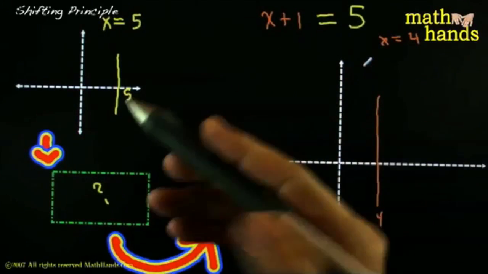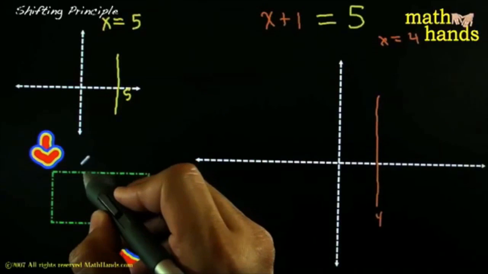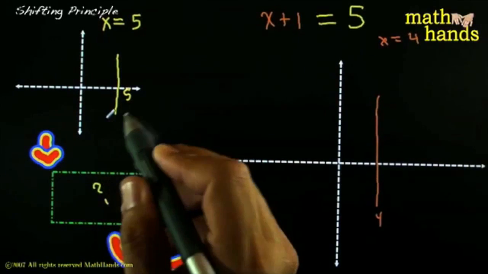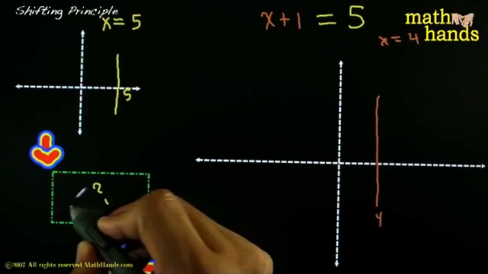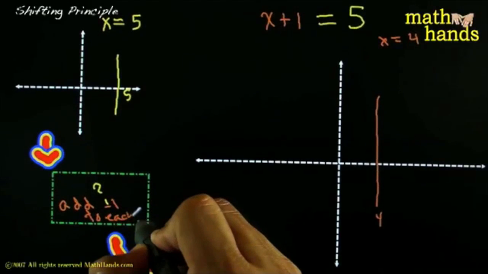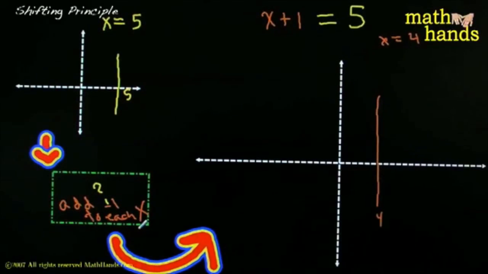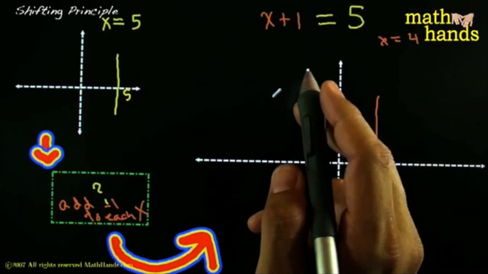Indeed, replacing x with x plus 1 shifts it left 1. So for every x, you would add a negative 1 to each x value. That's the principle right there. That will tell you how the shifting works.